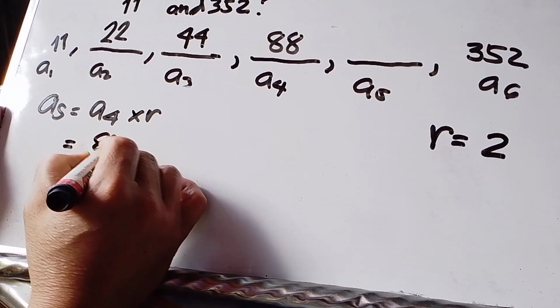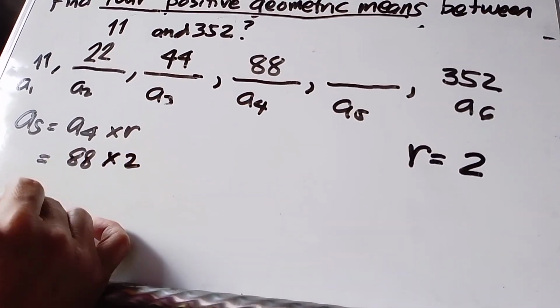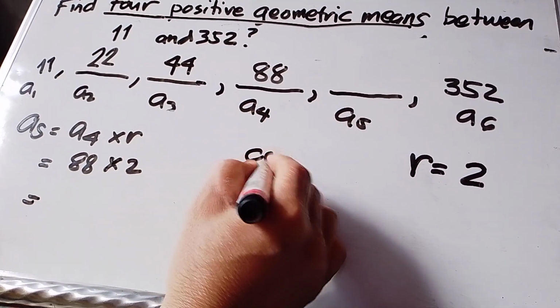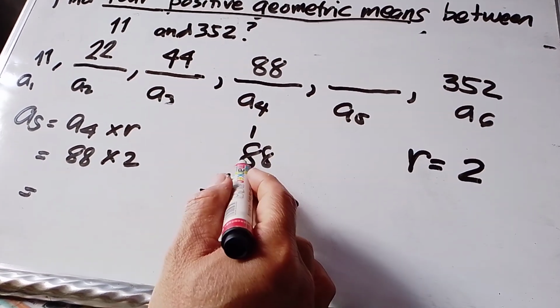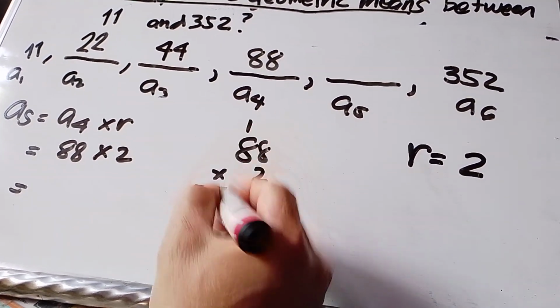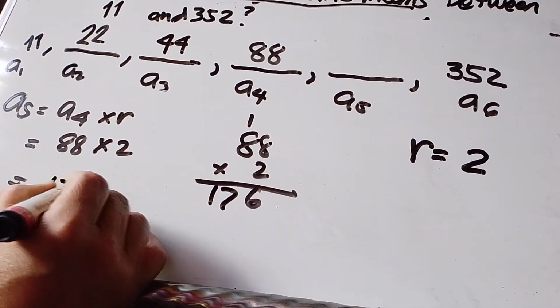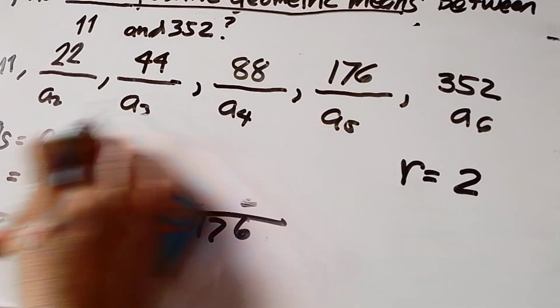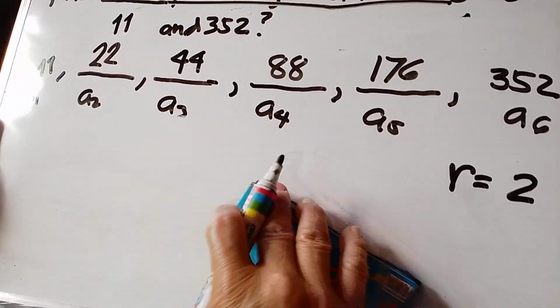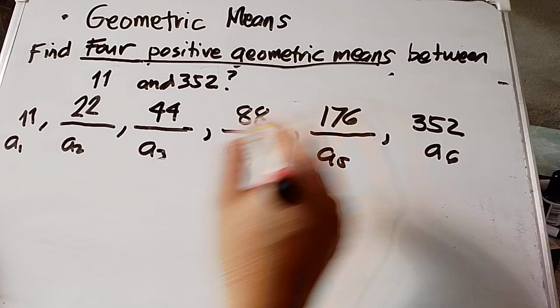So a4 is 88 times 2. 88 times 2, this will be 16, carry 1. 8 times 2 is 16, plus 1, 17. So I have here 176.